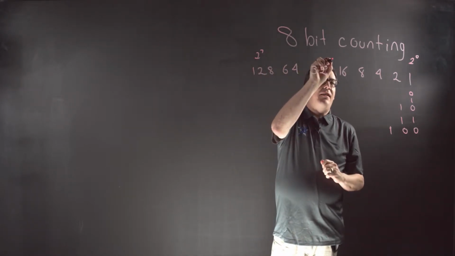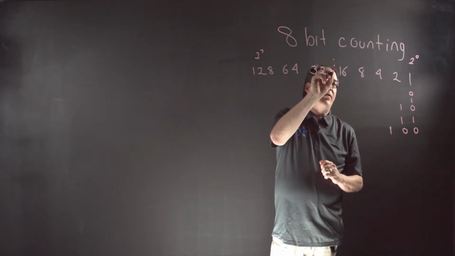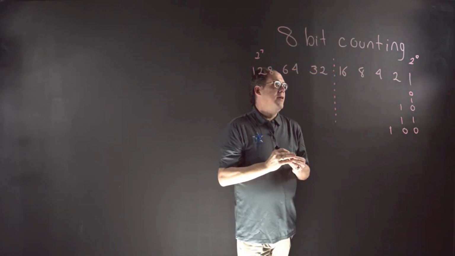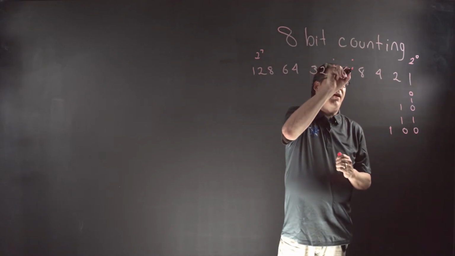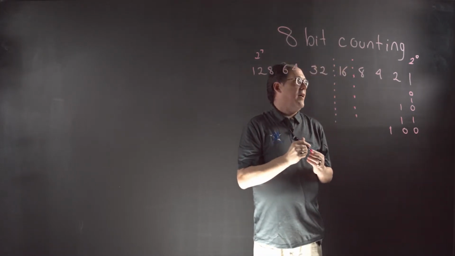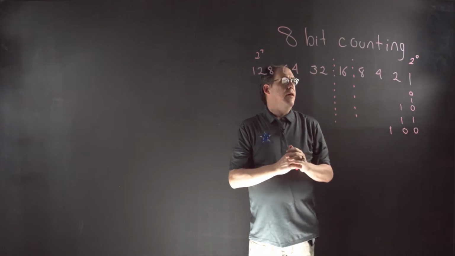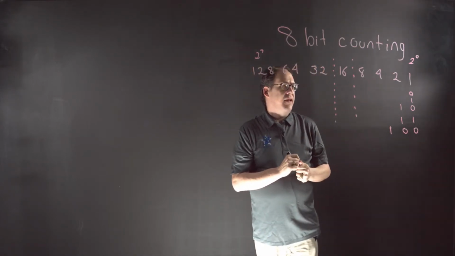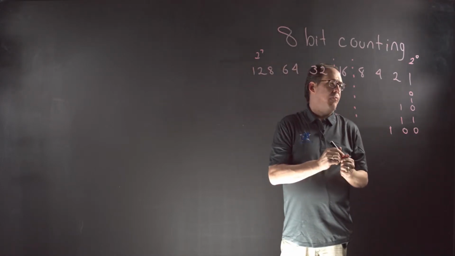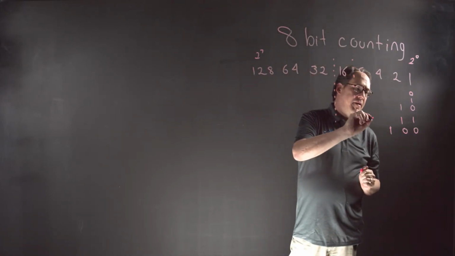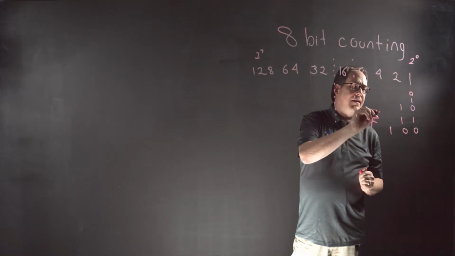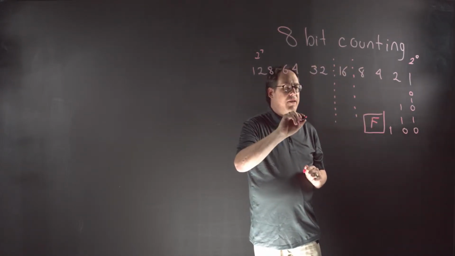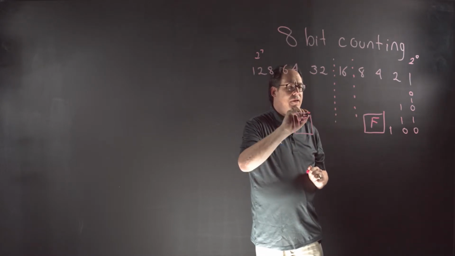When we look at this process right here, we split this right down the middle. We have the first 4 bits that we use. This represents the hexadecimal possible value of F, which is the highest possible number we can get to in this half, and F is the highest possible number we can get to on the other half.